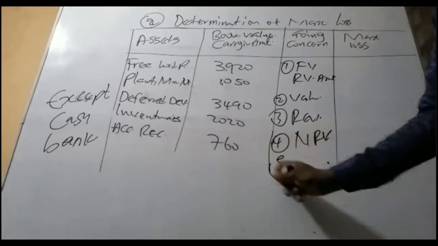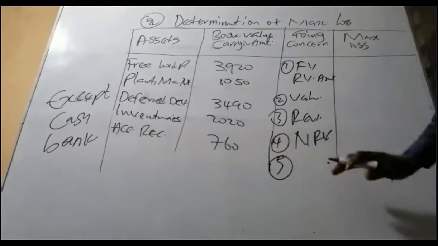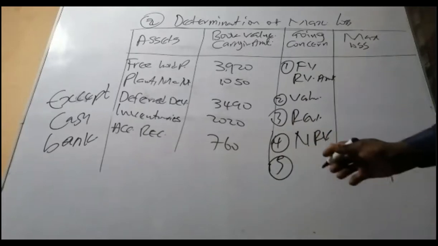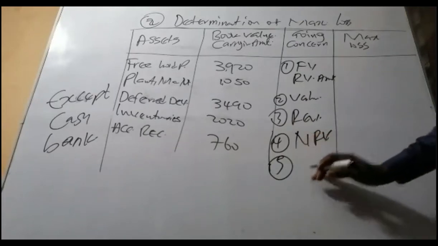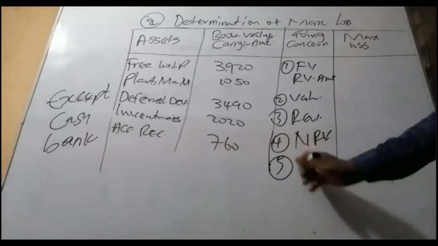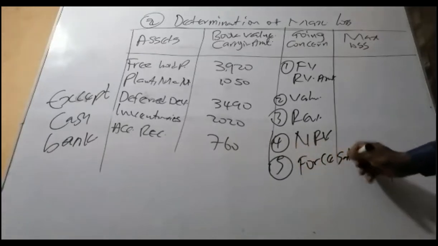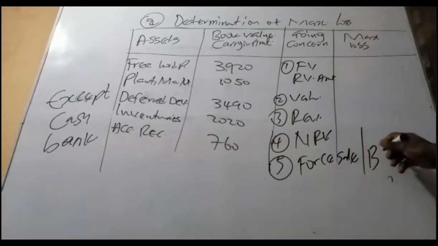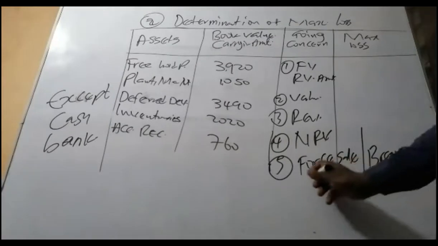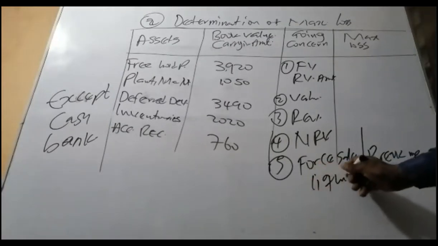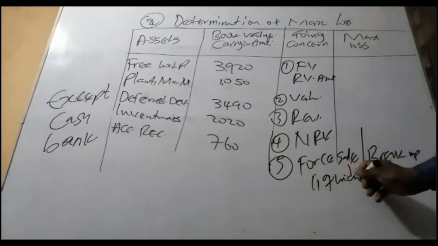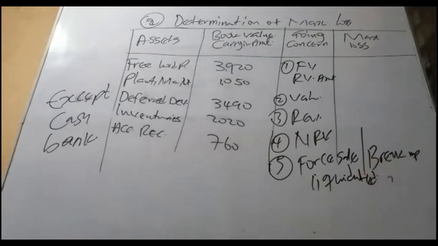Then number five, if all of these are not there, you have to use what you call the for sale value. The for sale value, breakup value, or liquidated value, or disposal value. That is it.